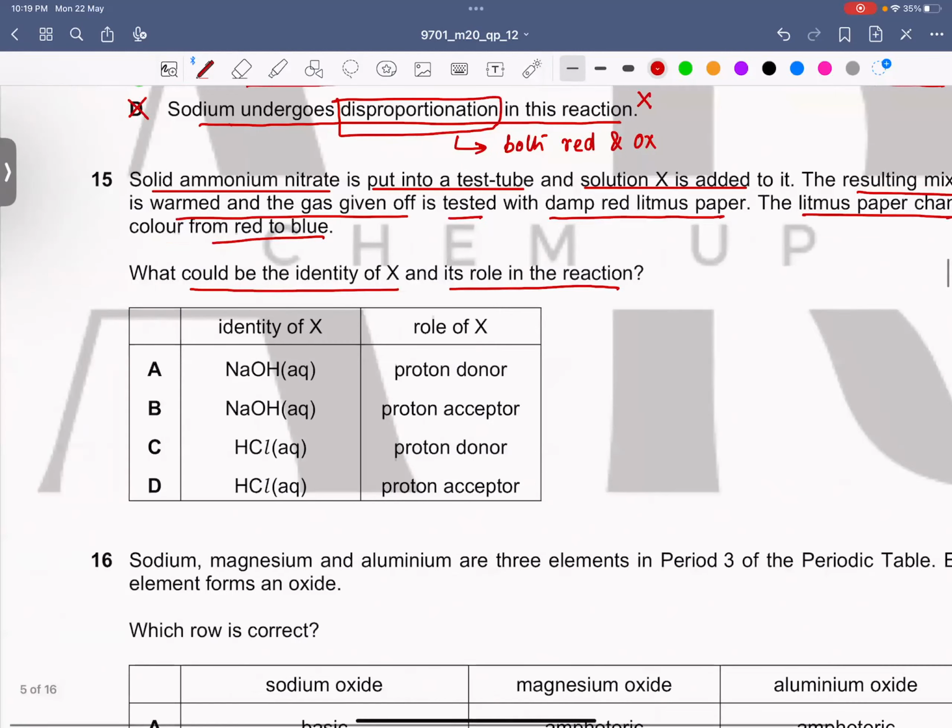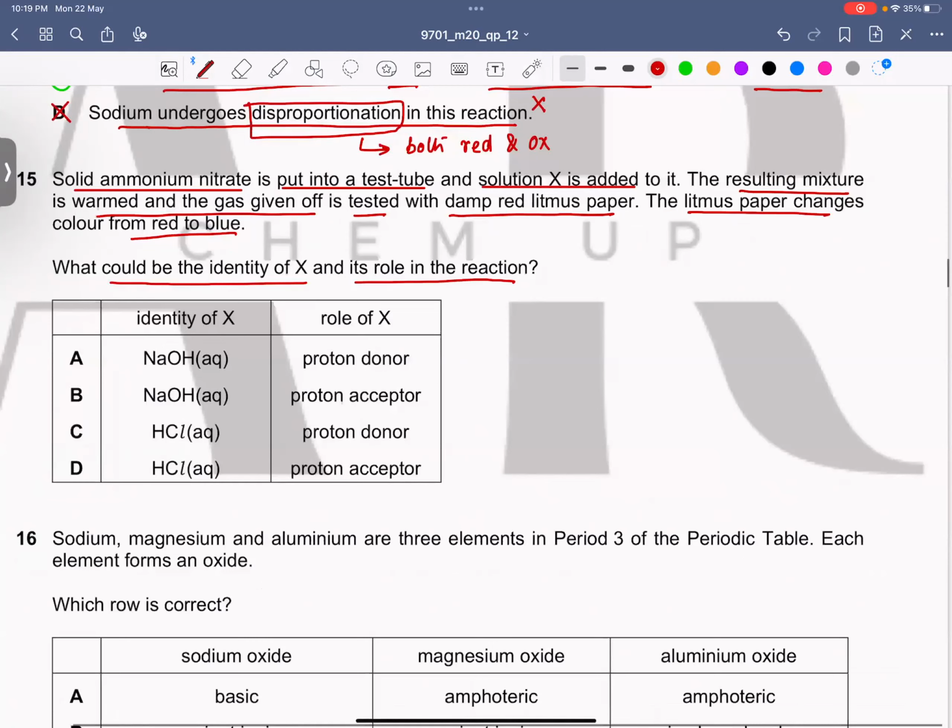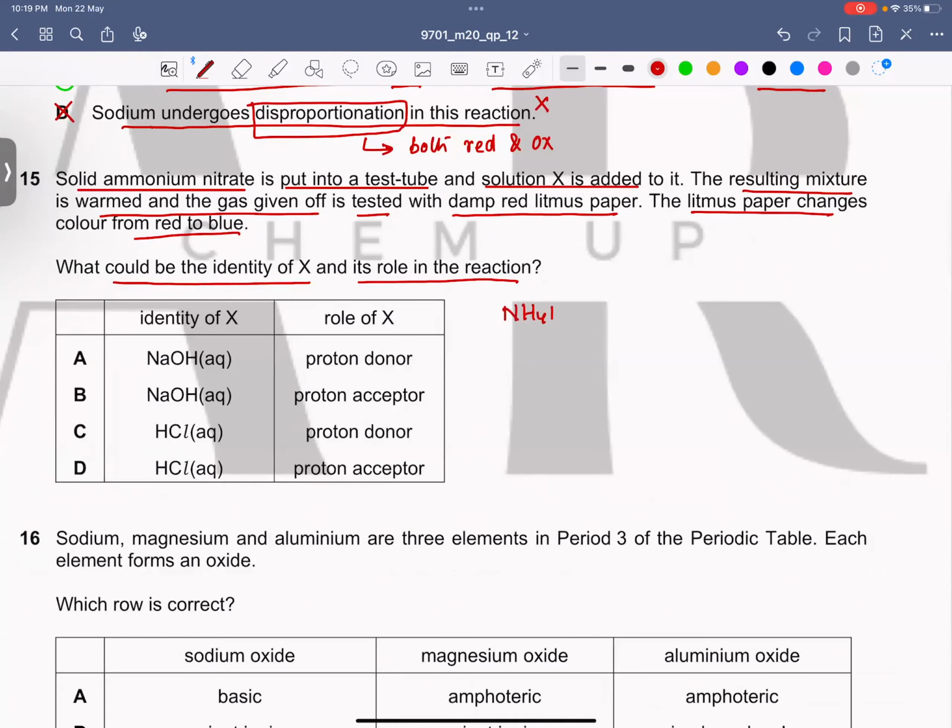So we have solid ammonium nitrate and a solution X, and they are telling us that on warming or heating, there is ammonia gas.